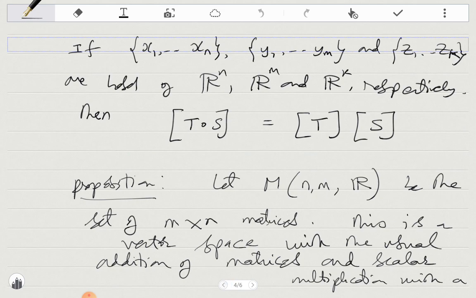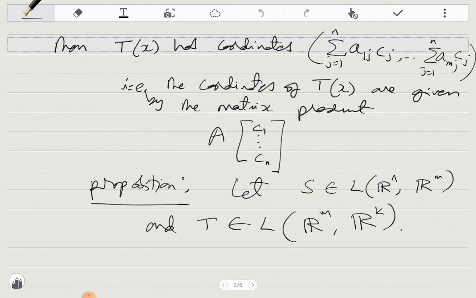Let's go back to this point here. Tx has these coordinates, which I wrote at the top of the page. And when I look at the Euclidean norm of Tx, I'll be just squaring all these terms and adding them up.